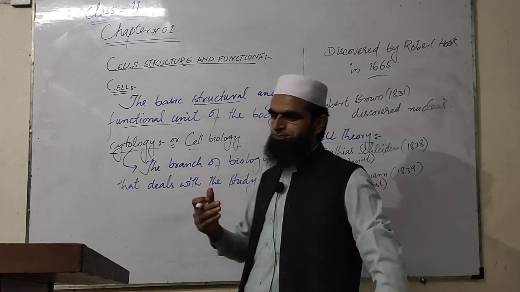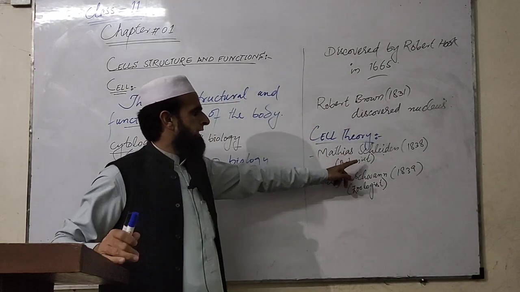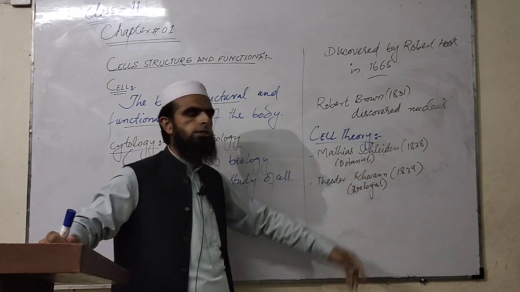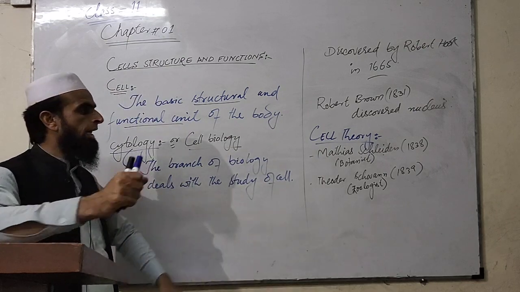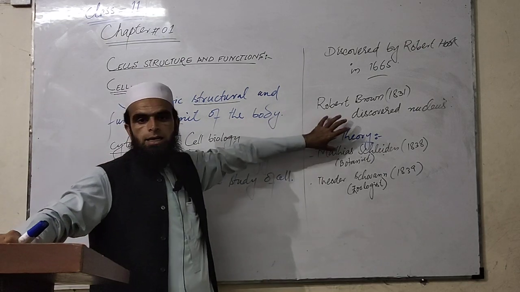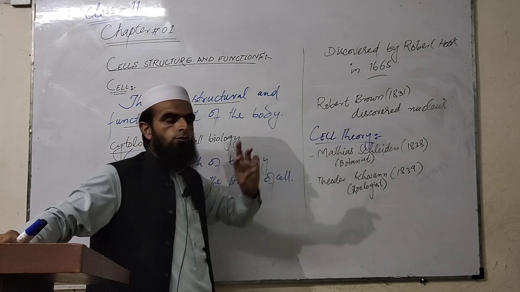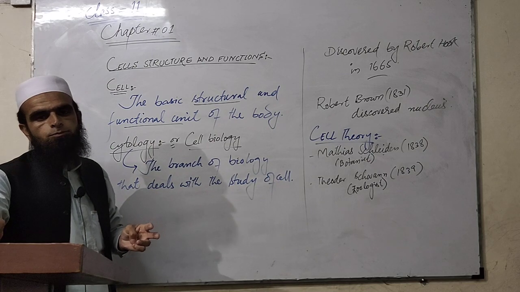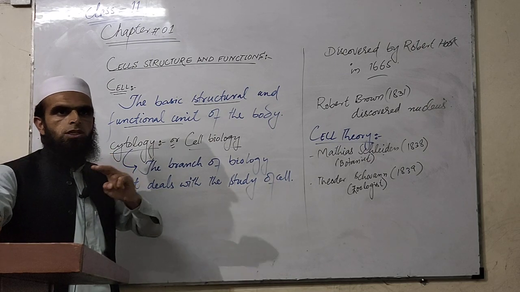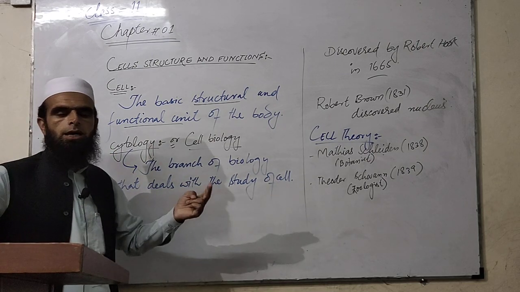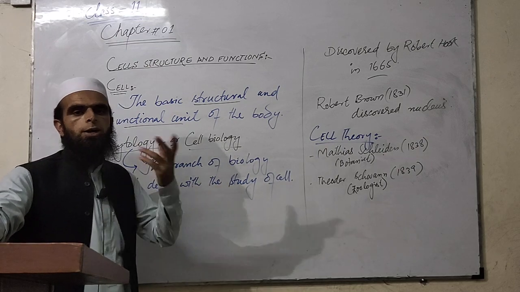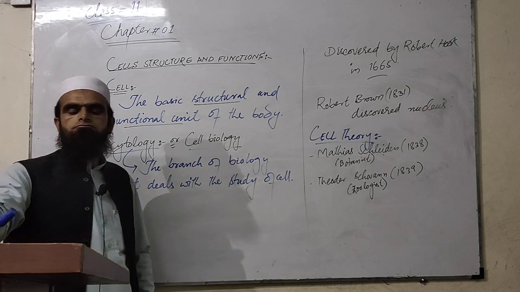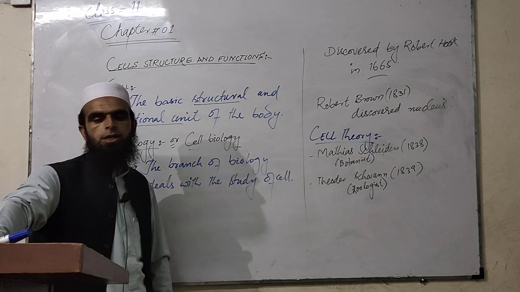Matthias Schleiden was studying the cells in plants and Theodor Schwann was studying cells in animals, and both concluded that the cell is the basic unit of the body. Secondly, they stated that organisms are composed of one or more cells, and similarly they told that cells arise from pre-existing cells.